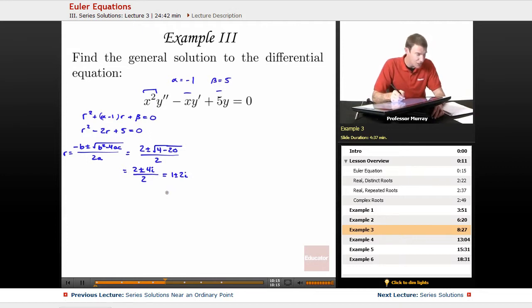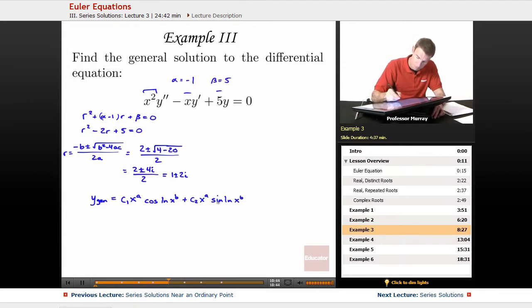Now remember, we had a generic solution formula when you have complex roots. Let me remind you what that was from the lesson overview at the beginning of class. C1 x to the a times cosine of natural log of x to the b, plus C2 x to the a times sine of natural log of x to the b.